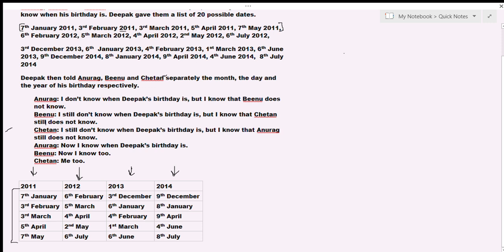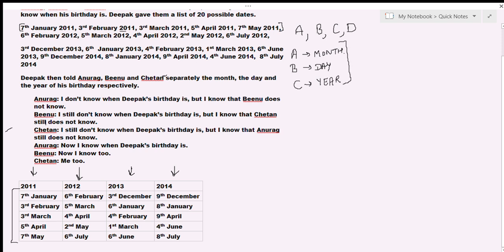Here I will use A, B, C and D for Anurag, Binu, Chetan and Deepak. Anurag knows the month, Binu knows the day and Chetan knows the year.